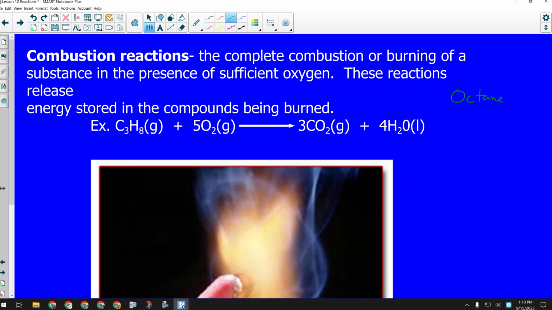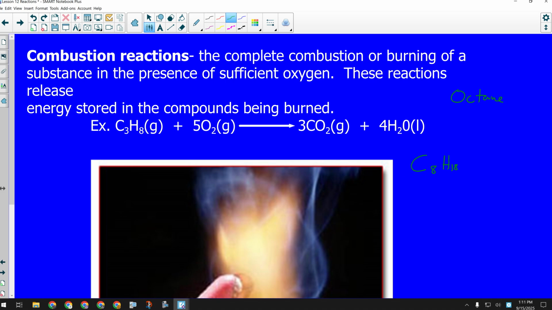Octane is the active ingredient in gasoline. It is C8H18. It is also a hydrocarbon. Which has more energy, propane or octane? Octane. Yeah, there's more bonds in an octane molecule to get broken down. Every one of them that gets broken down releases energy.